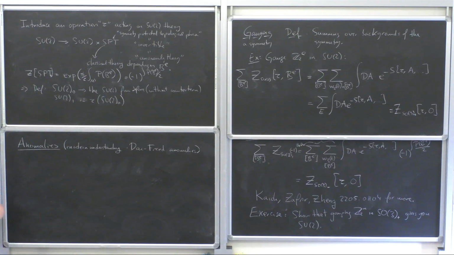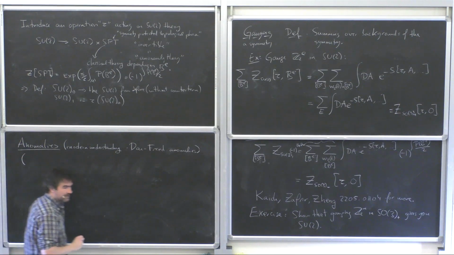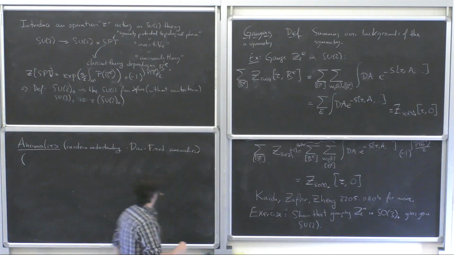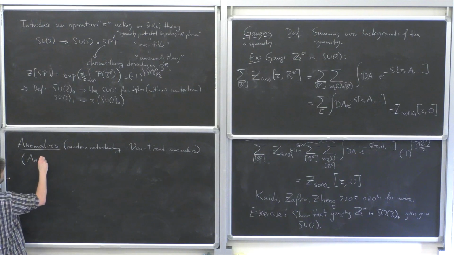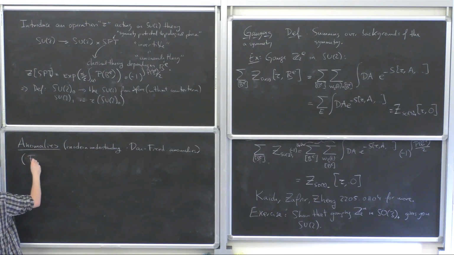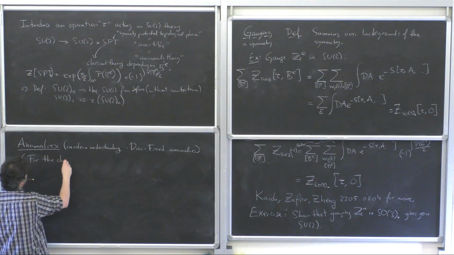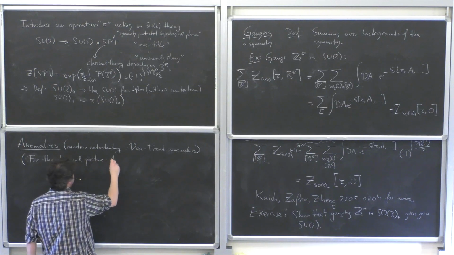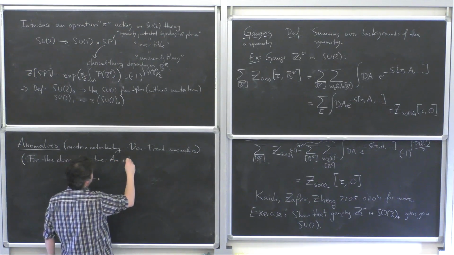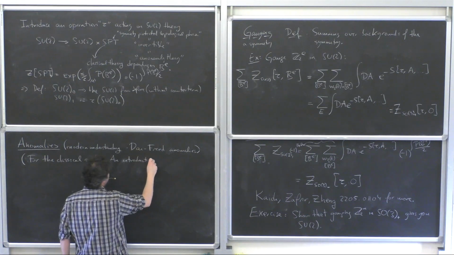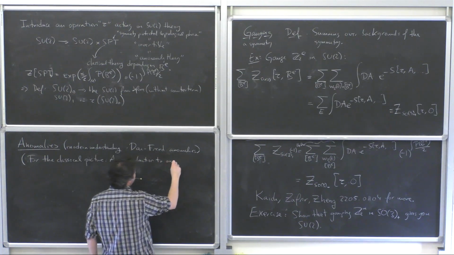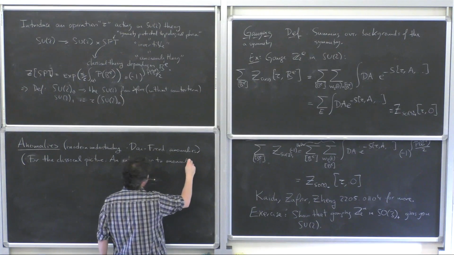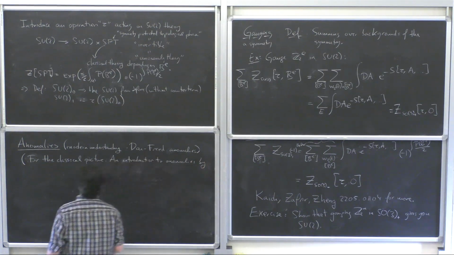If you want to understand the classical picture of anomalies, which is perfectly correct, just a little bit more restricted, I recommend very highly these lectures, An Introduction to Anomalies, by Luis Alvarez-Gaumé.